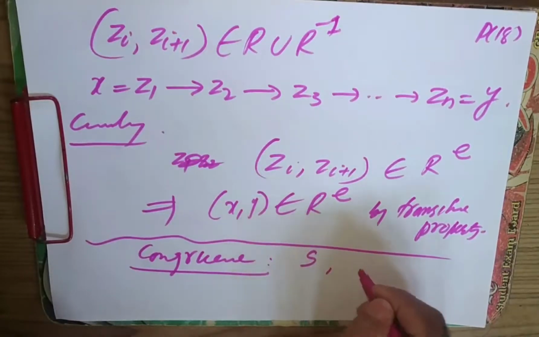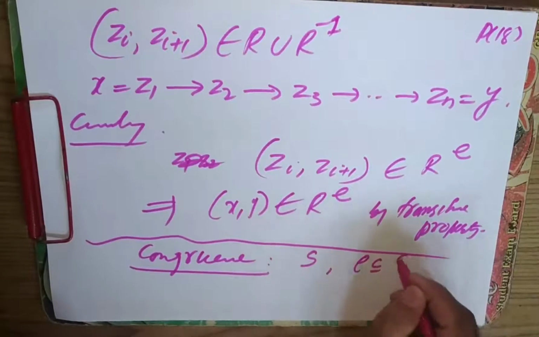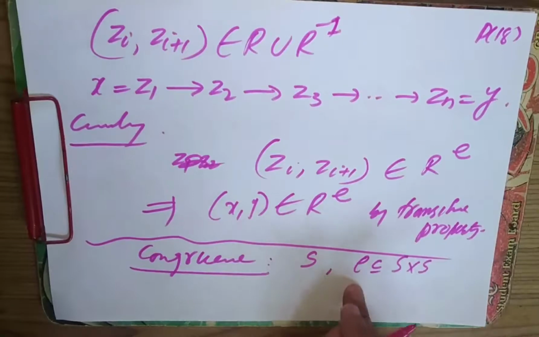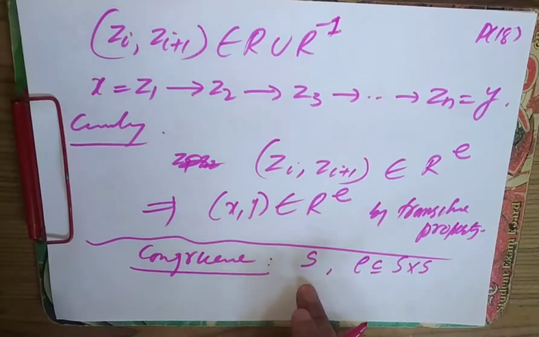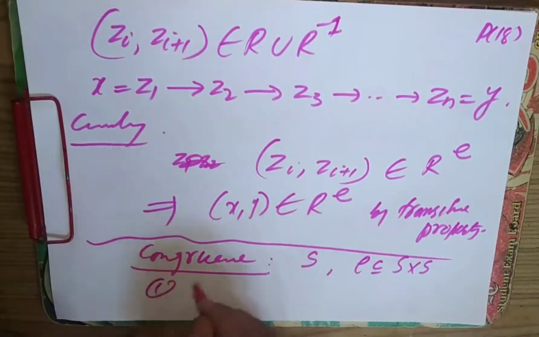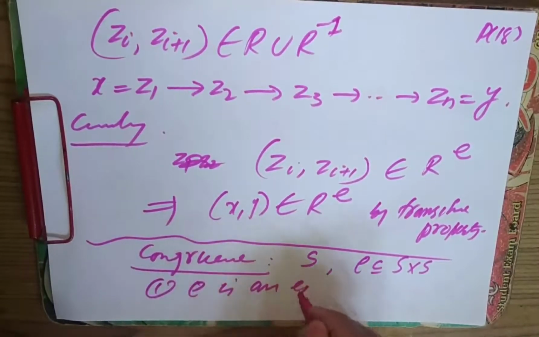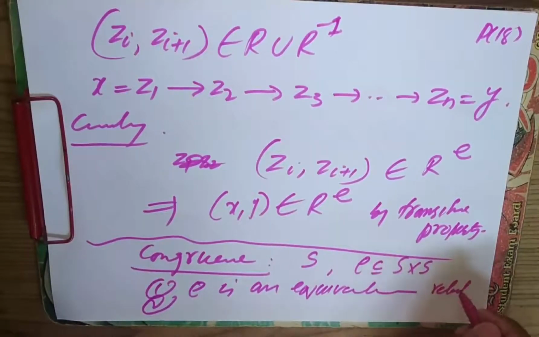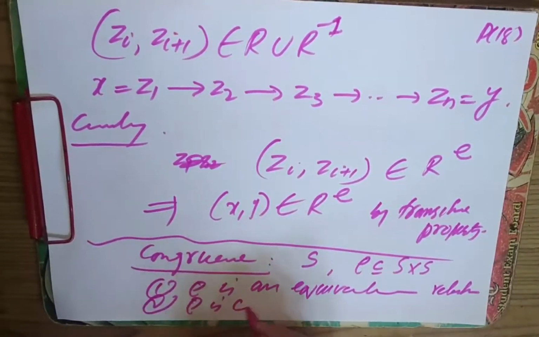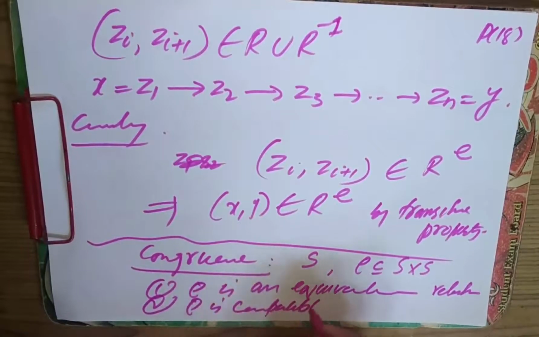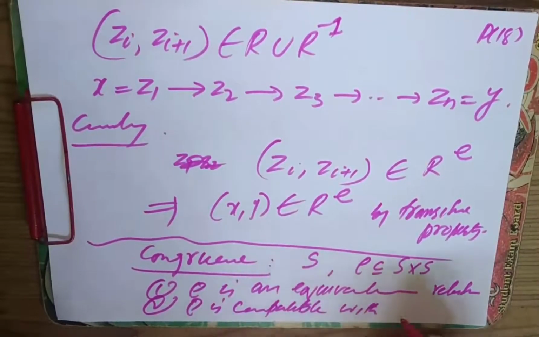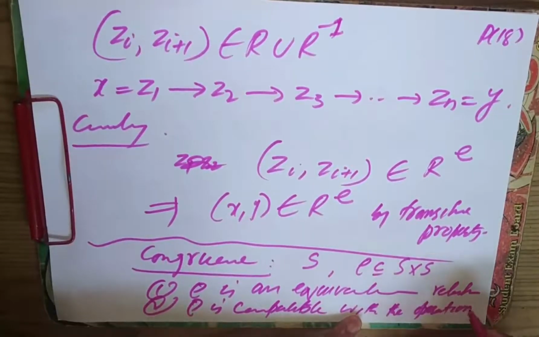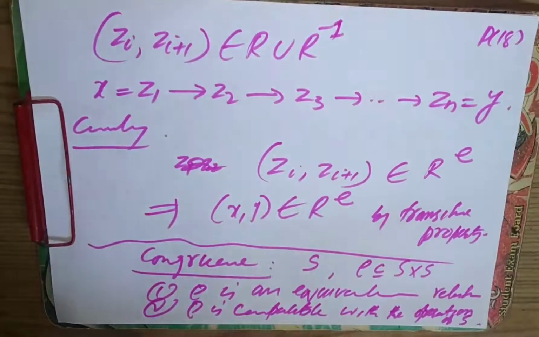Then a relation rho, which is a subset of S cross S, a relation on S, is said to be a congruence on S if rho is an equivalence relation, first, and second, rho is compatible with the binary operation of S, because it's a semigroup, so there is a binary operation.